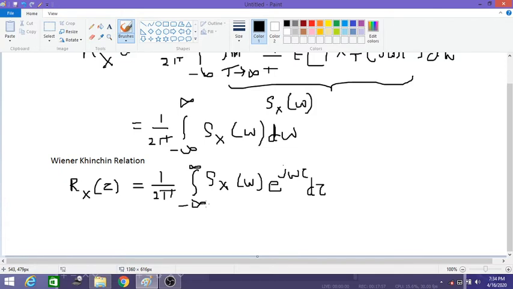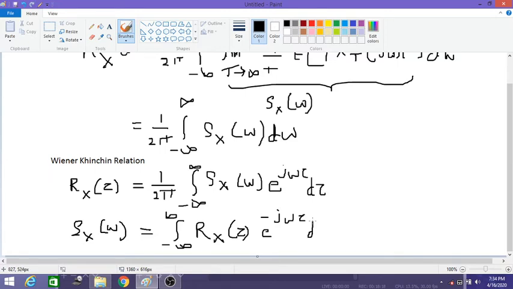So this is something like our inverse Fourier transform, and if I write this in terms of Sx of omega, this is equal to the integral from minus infinity to plus infinity of Rx of tau into the exponential of minus j omega tau into d tau.